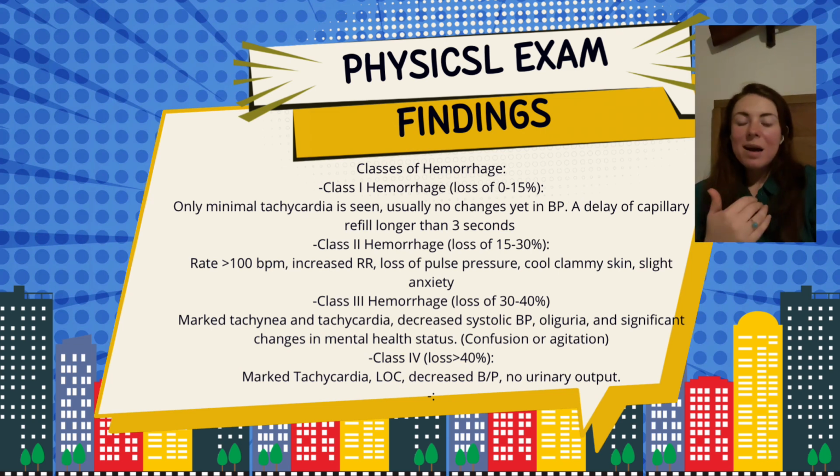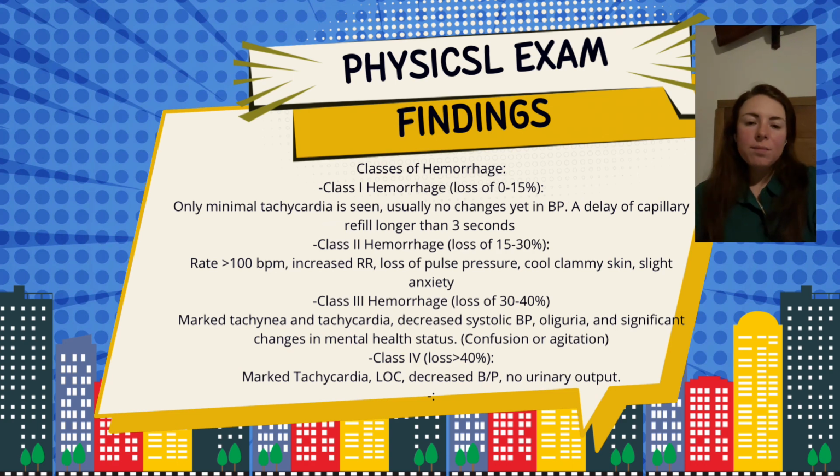A lot of times this can present as anxiety, and the patient may be looked at as just being anxious. Then it gradually increases with tachycardia, tachypnea, decreased blood pressure, loss of urinary output, and to the point where there is a noticeable change, loss of consciousness. These are good things to look out for progressively in hypovolemic shock.